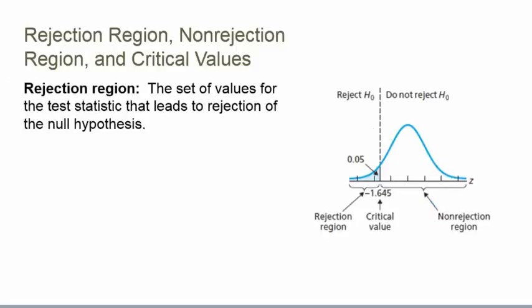Rejection region, non-rejection region, and critical values. Rejection region: the set of values for the test statistic that leads to rejection of the null hypothesis.